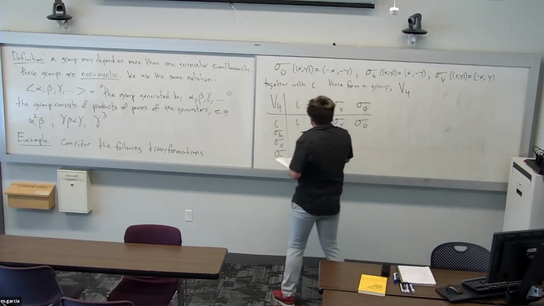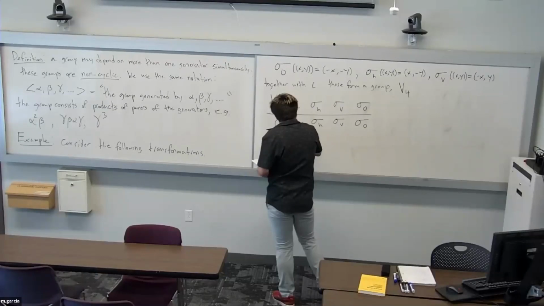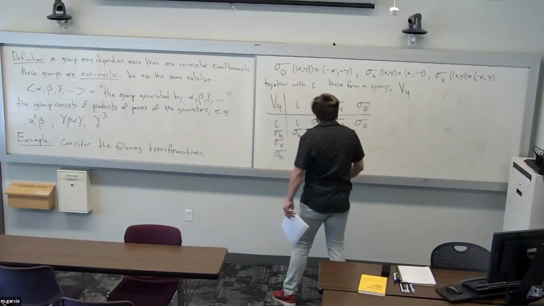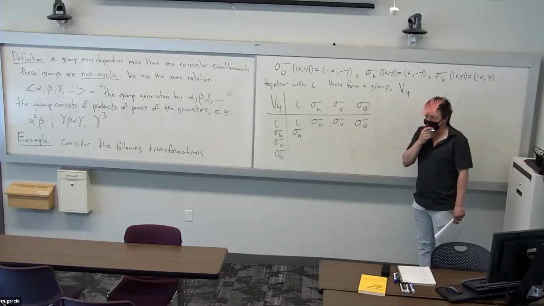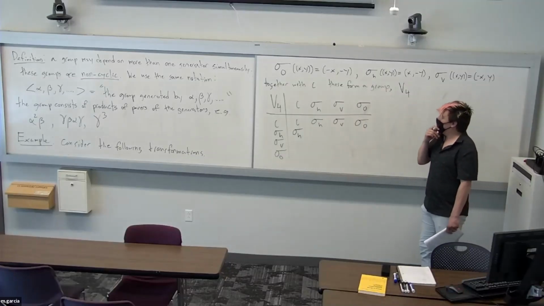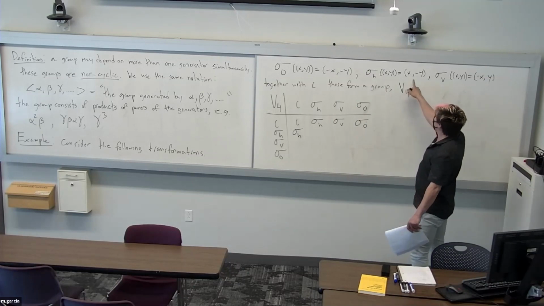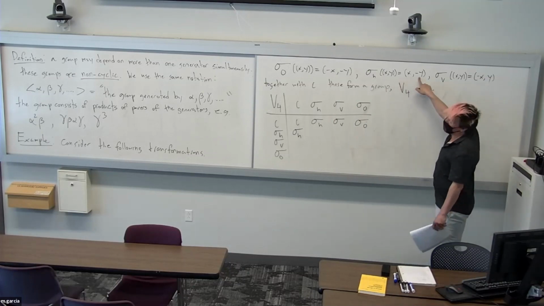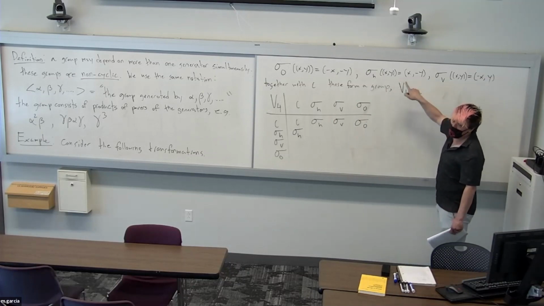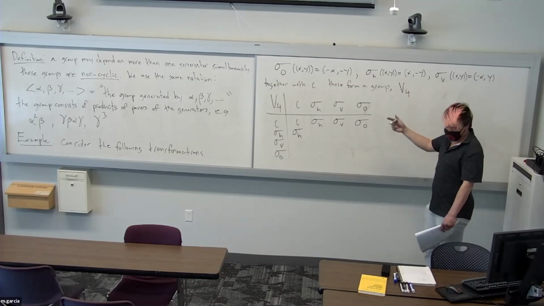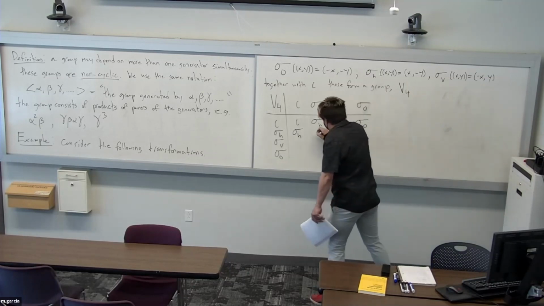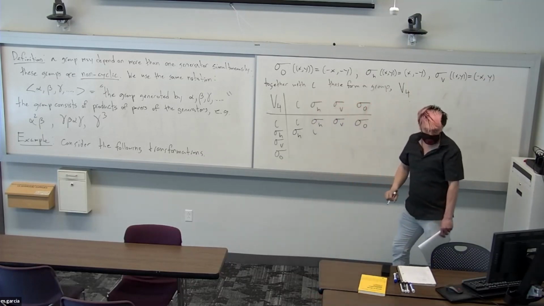Okay, so sigma H. Now, what's sigma H times sigma H? Iota, right? Because if we apply sigma H once, we flip y negative. If we apply sigma H again, we flip it back. It's an involution. Yes. Good. So we get iota.